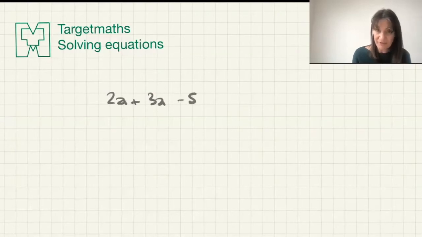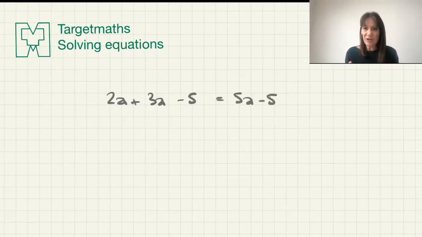That would simplify, tidy up to 5a minus 5. And that's my answer. I don't go any further than that. And the reason that I don't go any further than that is because I don't have any additional information to help me take the algebra anywhere else.